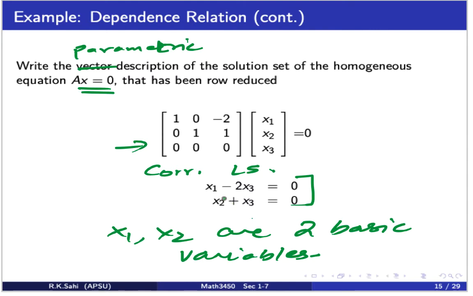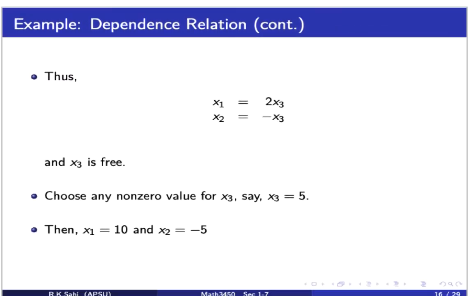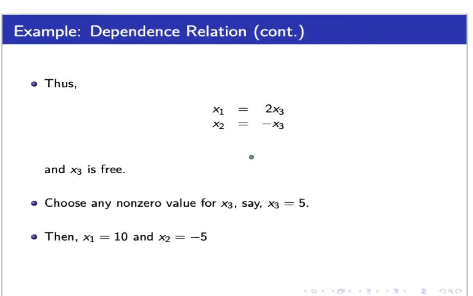So we have to write down x1 and x2 in terms of x3. This is shown over here. So x1 is 2x3, x2 is minus x3. Given any value for x3, remember x3 is the free variable, say it is 5. So what do we get? We get x1 to be 10, x2 to be minus 5.